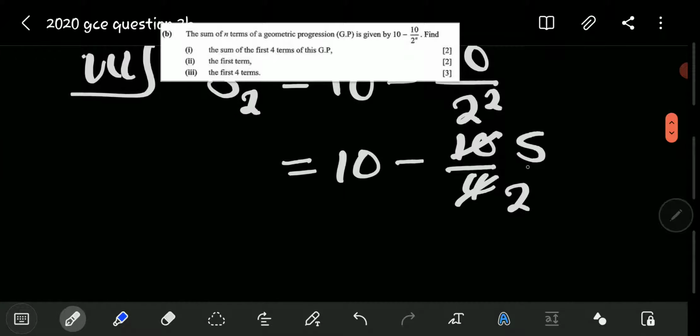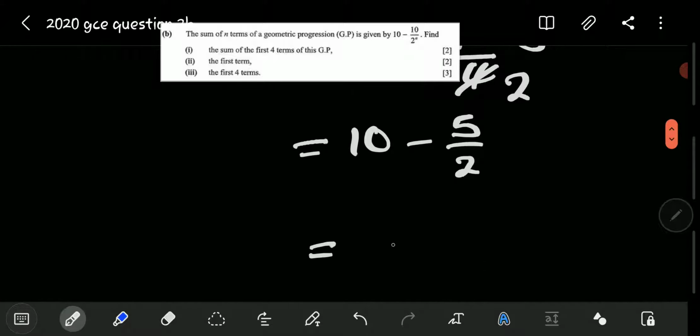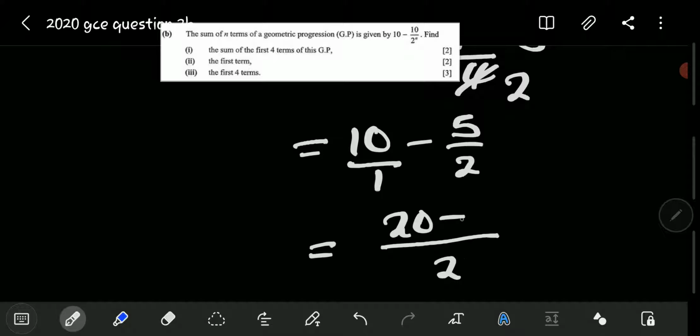So we now have 10 minus 5 over 2. We look for a common denominator, which is 2. And here there is 1. So 1 into 2 is 2, 2 times 10 is 20, minus 2 into 2, 1, 1 times 5 is 5.